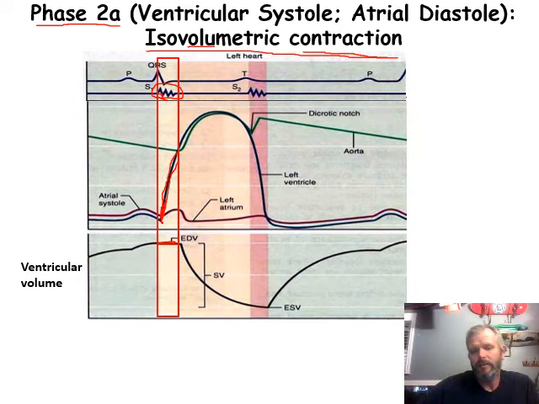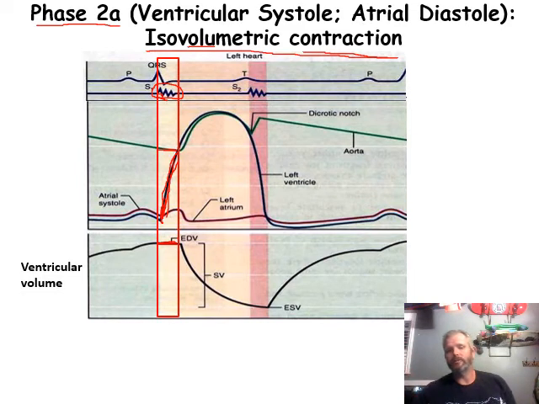But all through this phase, the ventricular pressure is lower than the aortic pressure. So blood is not being pushed out of the ventricles. Remember, blood goes from an area of high pressure to an area of low pressure. At this point, the pressure in the ventricles is lower than the aorta, so blood is not going to be pushed into the aorta. Okay.